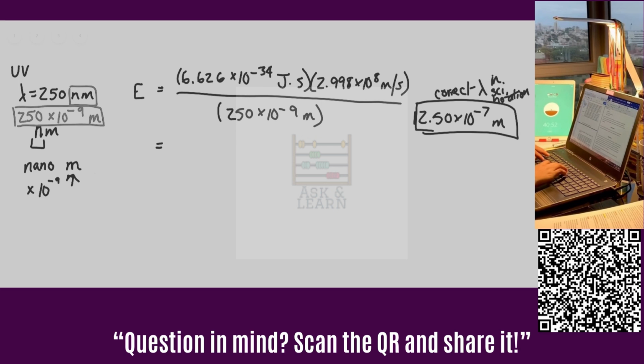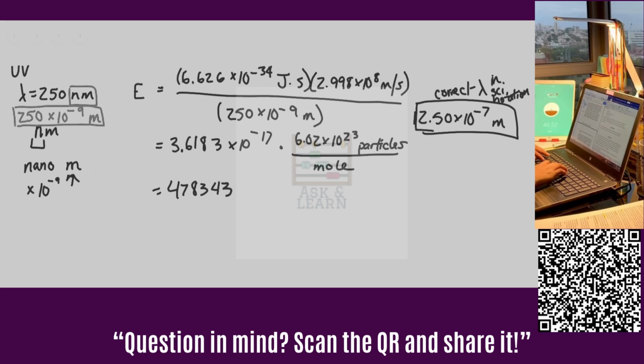And so our answer from there is 3.6183 times 10 to the minus 17. Once we tack on our Avogadro's number, we can then say that we have 4.78343 joules per mole.